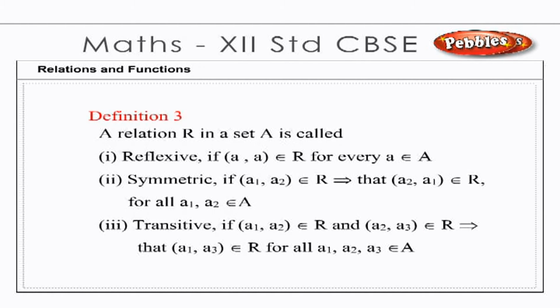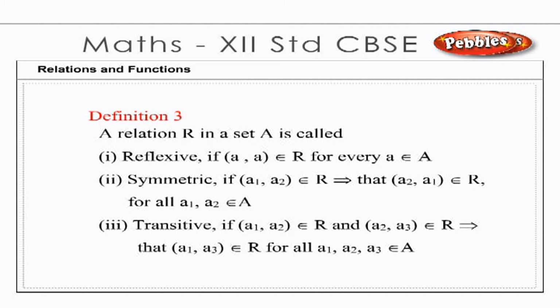Definition 3. A relation R in a set A is called 1. Reflexive, if (a, a) belongs to R for every a belongs to A. 2. Symmetric, if (a1, a2) belongs to R implies that (a2, a1) belongs to R for all a1, a2 belongs to A. 3.